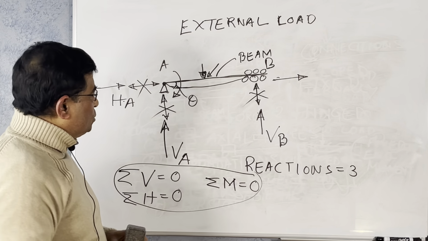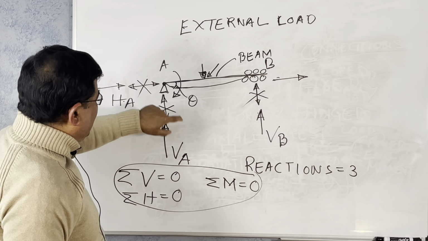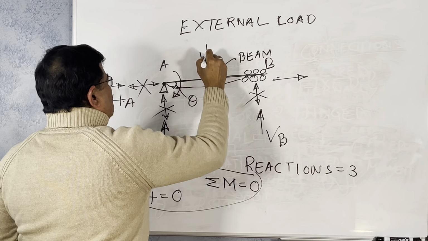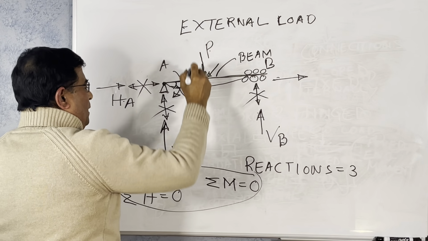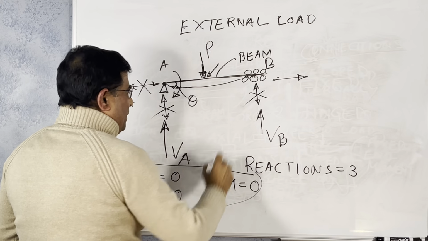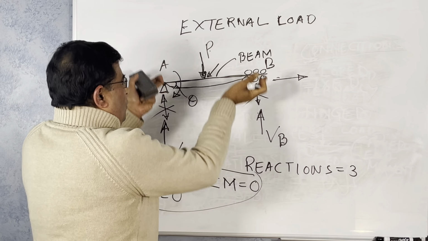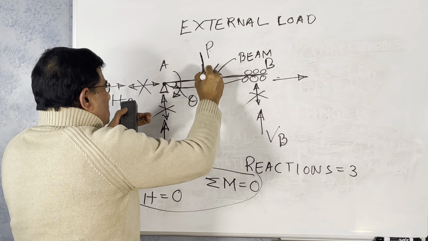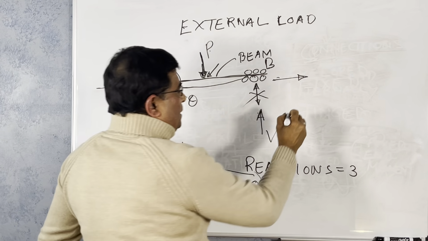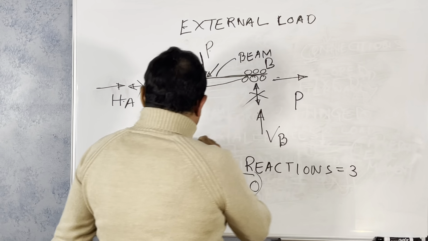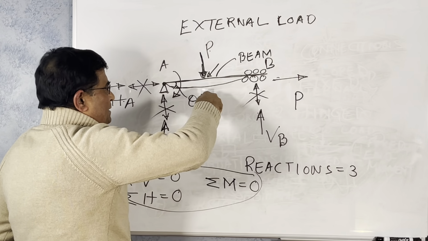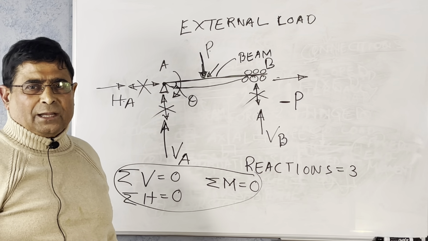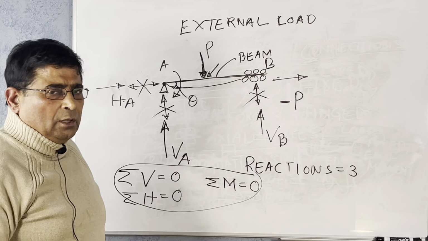So what is the vertical force on this whole beam? If P is the force, then P, VA and VB. VB and VA push up, P pushes down. Downward is negative; in a computer model, we consider downward negative.